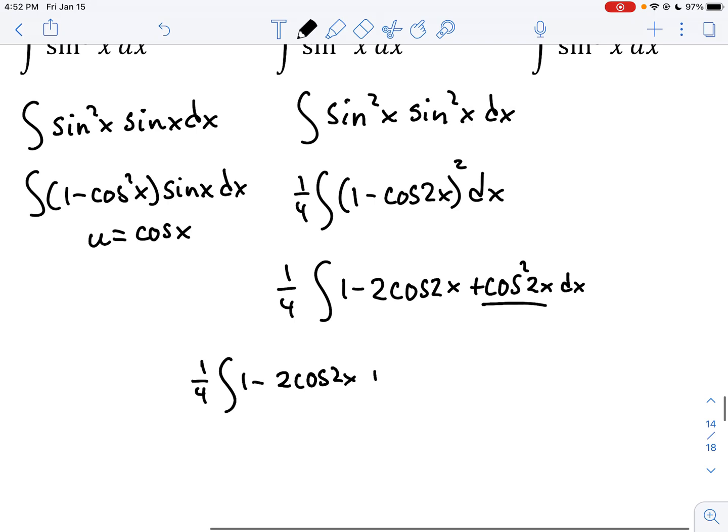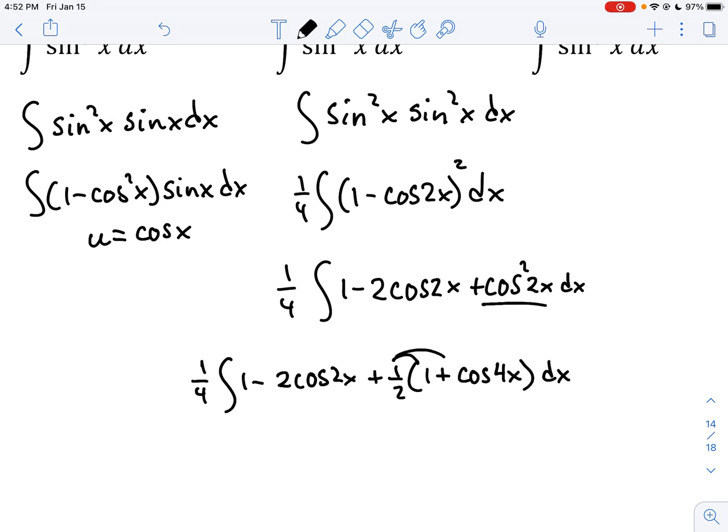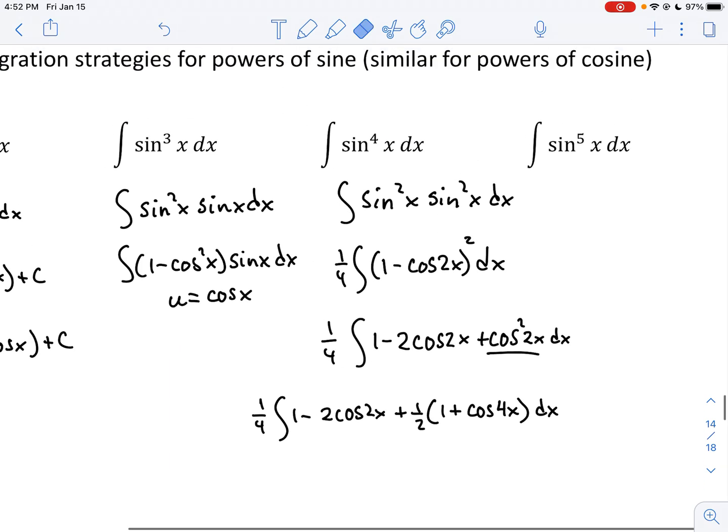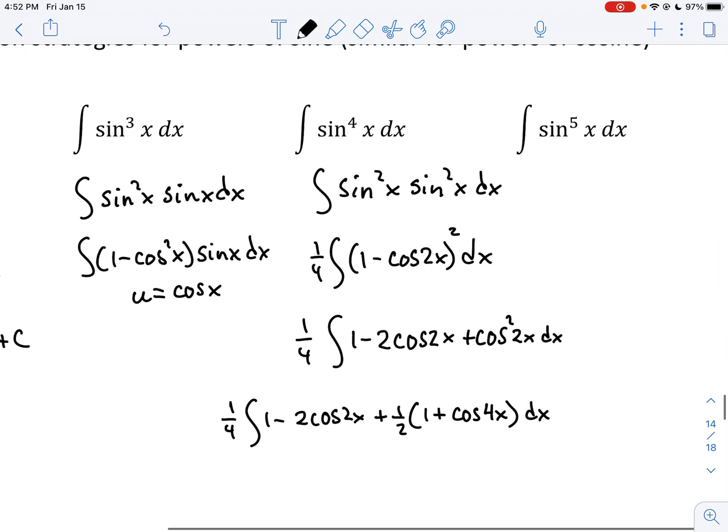And the power reducing identity on this will produce a 1/2 times 1 plus cosine, and then double the angle again to 4x. But the power is gone. Then you could distribute this 1/2, and then you can integrate all the terms separately. I'll leave it to you to finish this problem. But that's what you have to do when you have a sine to the 4th. If you had sine to the 6th, it'd be something similar, but just a lot of power reducing identities.